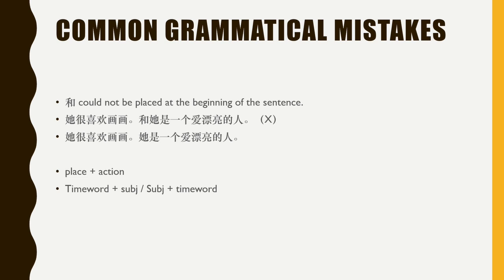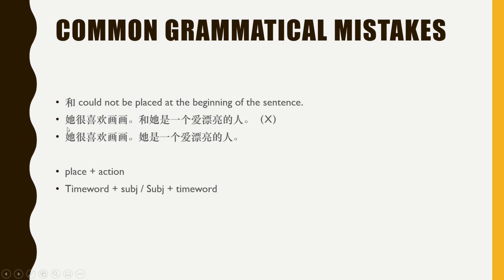And then some common grammatical mistakes. The first one I noticed from what you wrote for me, from my experience: some of you translate directly from English or Malay. So we don't use 和 at the beginning of the sentence.